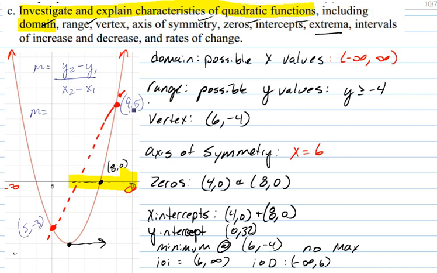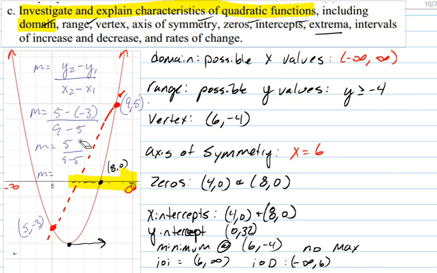So the slope is going to be 5 minus -3 over 9 minus 5. So that gives me, two negatives make a positive, so 5 plus 3 over 9 minus 5. Oh, I did that wrong, didn't I? 5 plus 3 is 8.